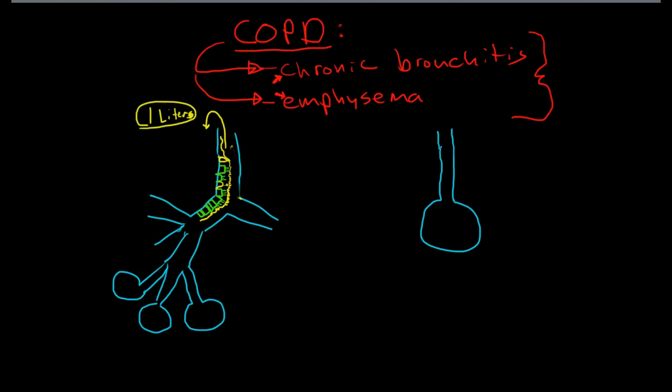But what happens with smokers is they end up losing their cilia because of their smoking. And actually there are more changes to these cells that occur. They start to develop a stratified squamous epithelium, and as part of that, they lose their cilia.